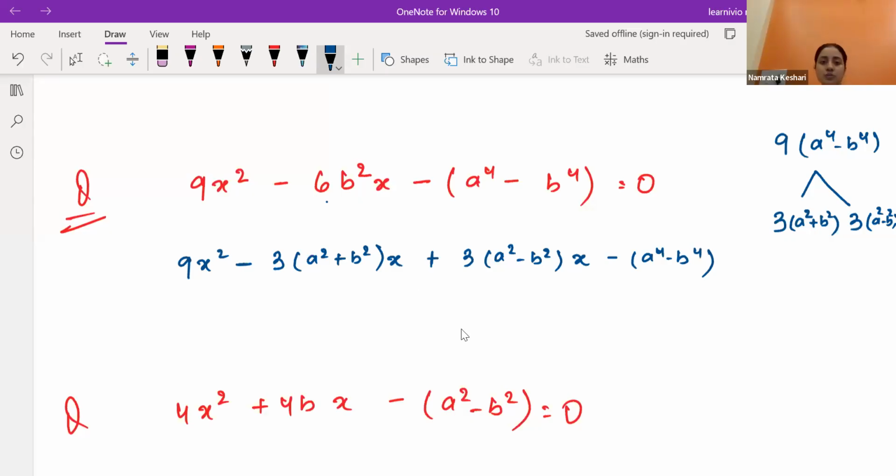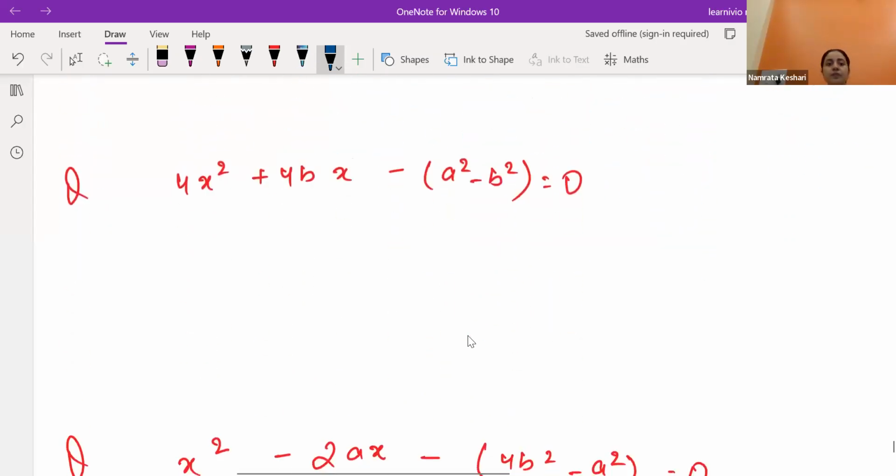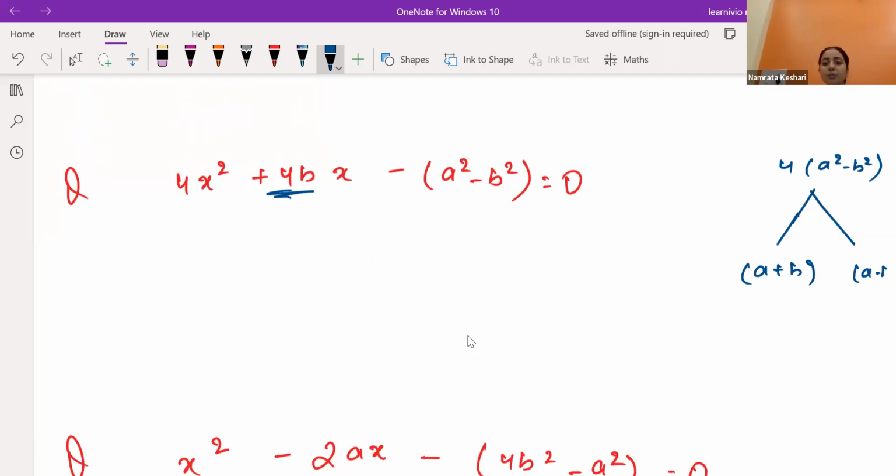Let's do the next one also. Here we want to create 4b, and we are having 4 into a square minus b square. We understood a square minus b square can be written as a plus b and a minus b, and our purpose is to create just b. So yeah, we'll be able to create just b from here, and 4 is 2 times 2, right?